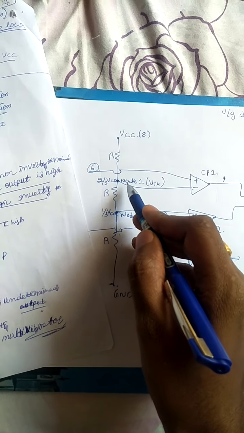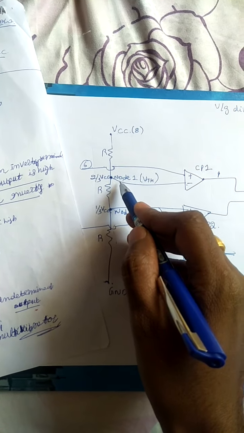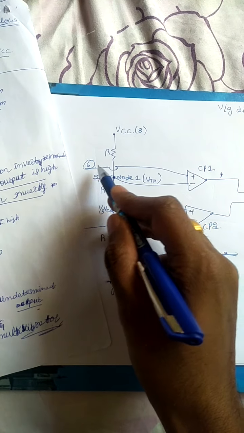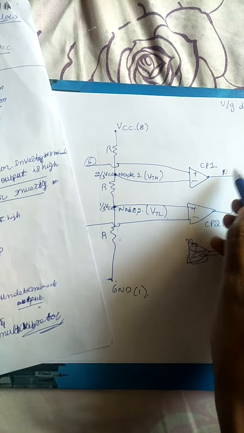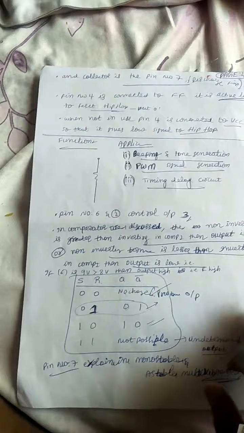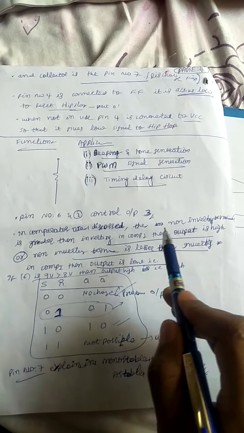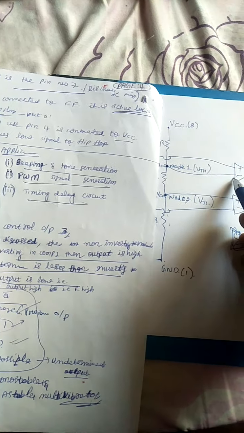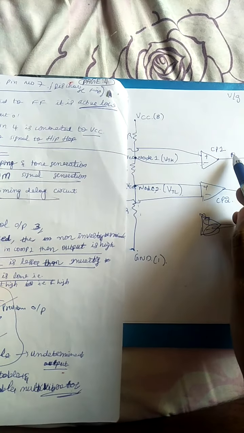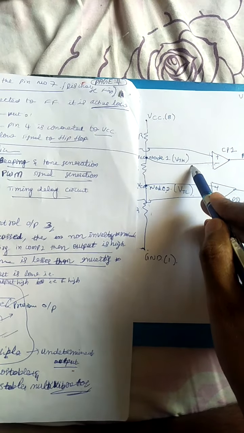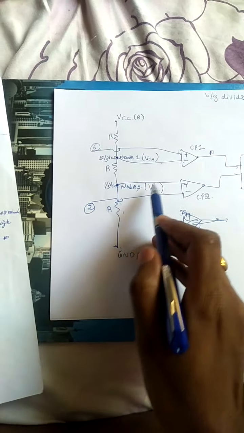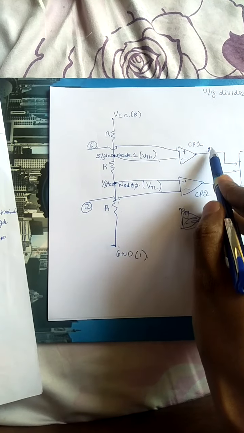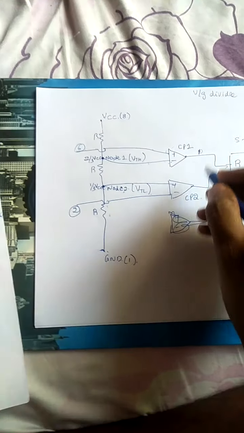If 2/3 VCC is greater than the voltage at pin number 6, then the output is 0. That's what I have written here. In a comparator, if the non-inverting terminal is greater than the inverting terminal, then the output is 1. If the inverting voltage is greater, then the output is 0.